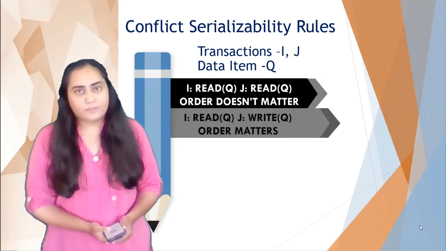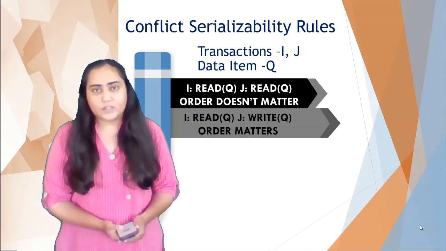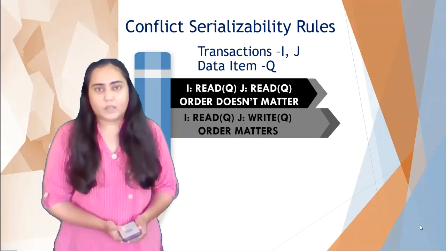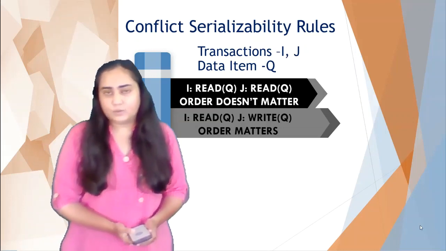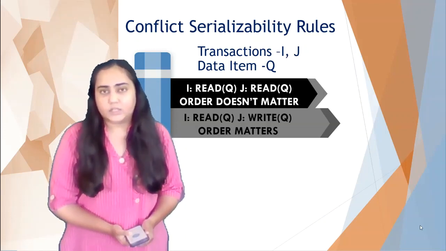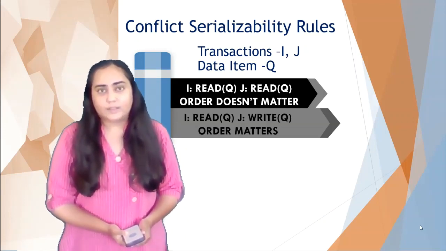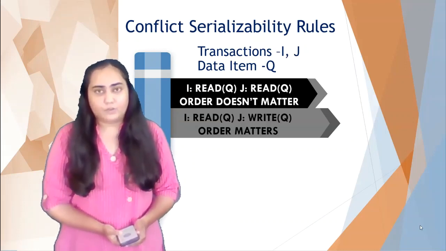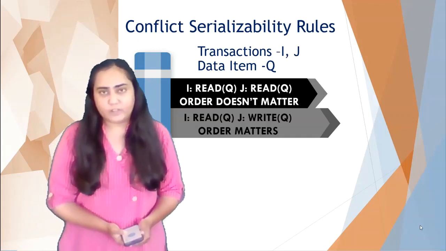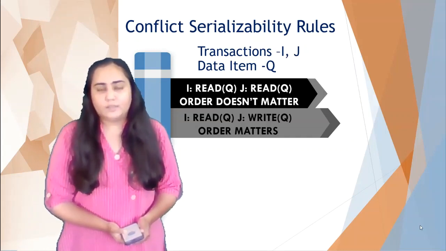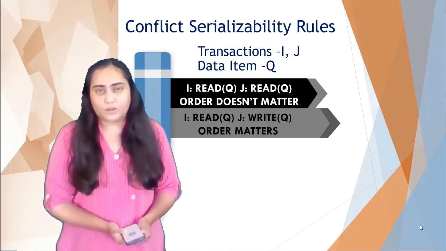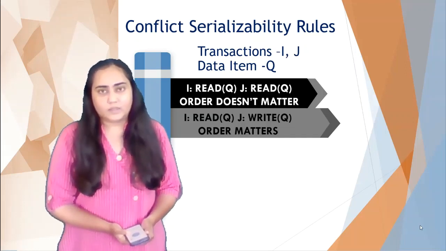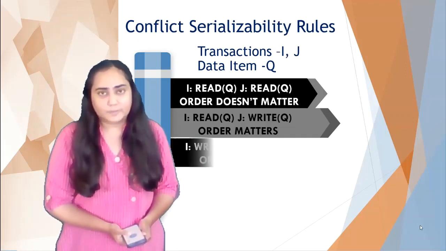The second rule is if I is trying to read Q and J is trying to write Q, then the order matters. Because if transaction I first reads the data item Q and then Q is written by J, then transaction I will not get the value written by J. But if transaction I reads after J finishes writing Q, then transaction I will get the new value of Q, which is updated by J. So in this case, the order of these read and write operations does matter.